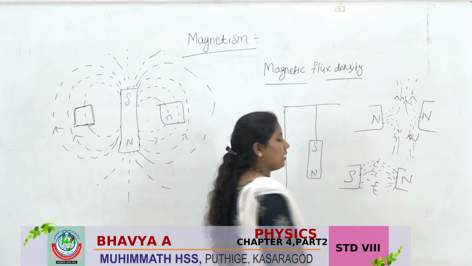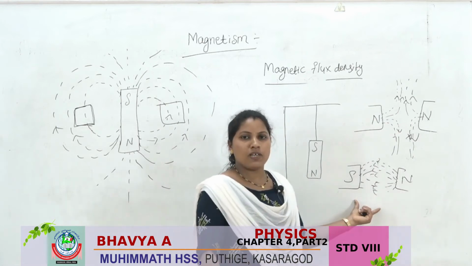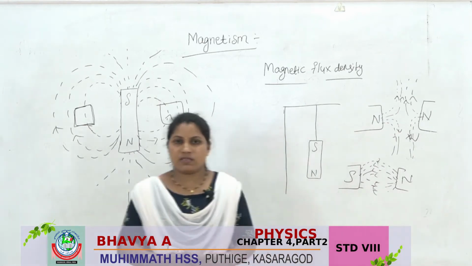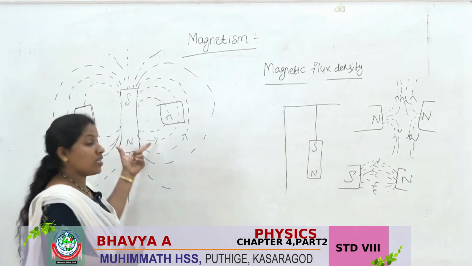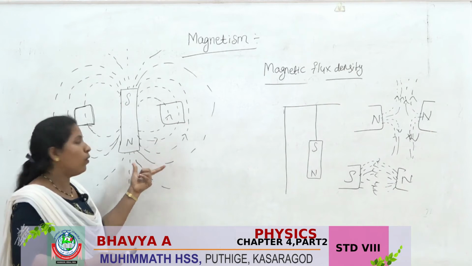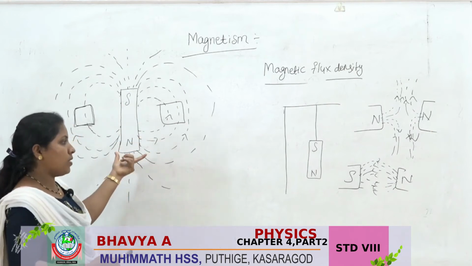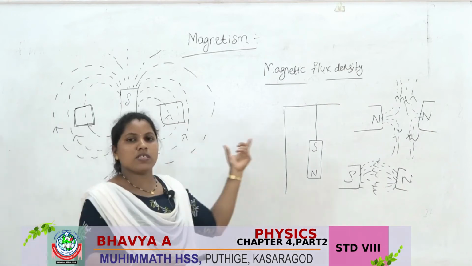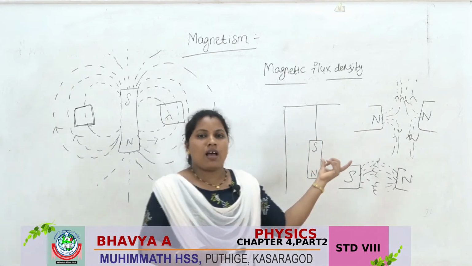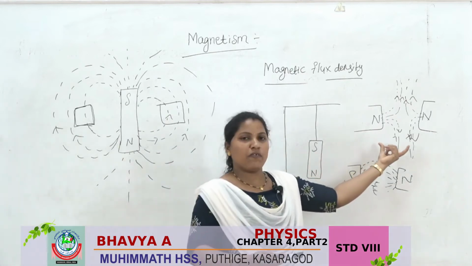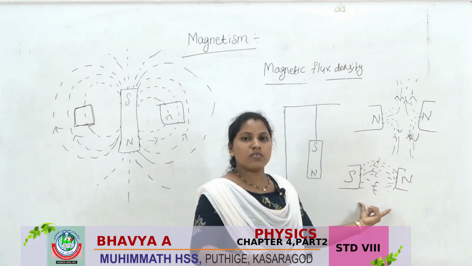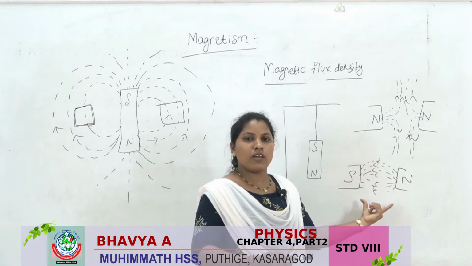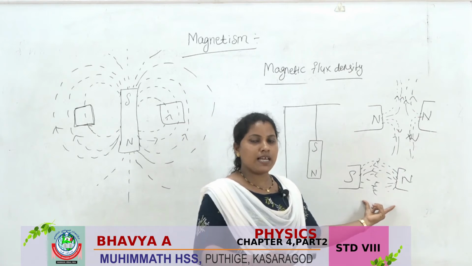In a bar magnet the magnetic field lines are experienced in this pattern; they are imaginary lines. The same process applies between like poles and between unlike poles.